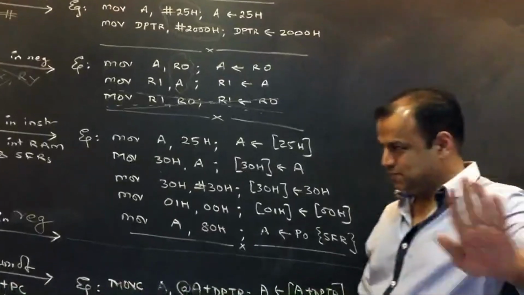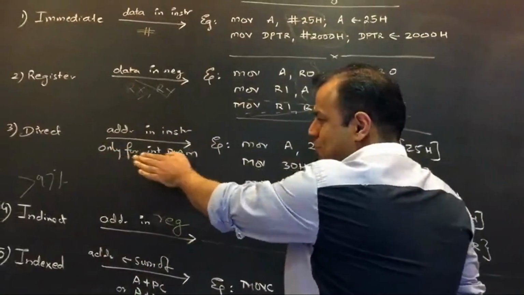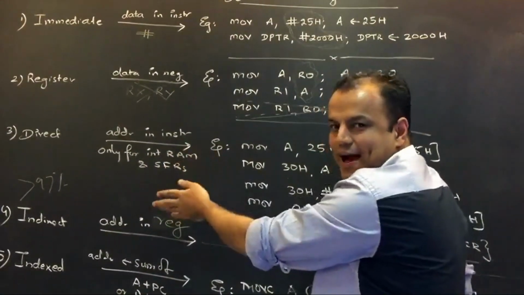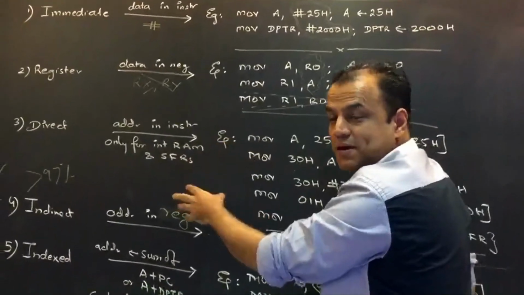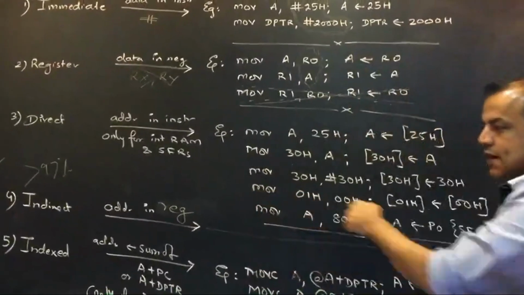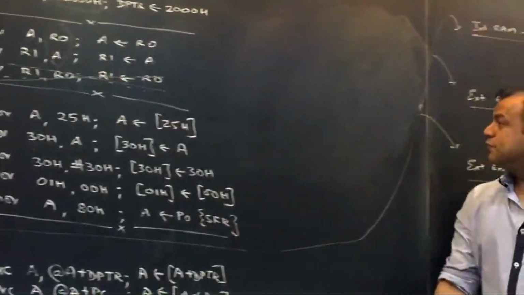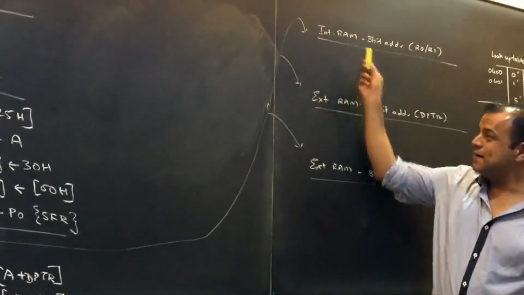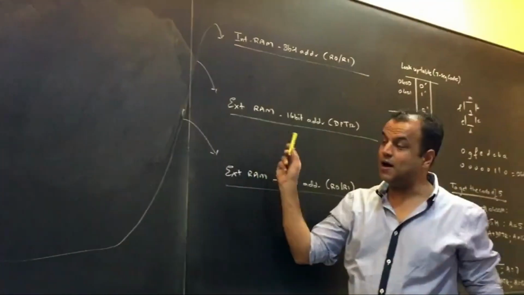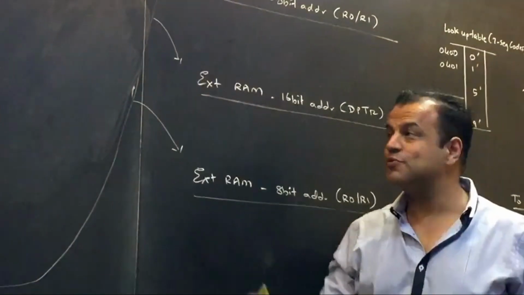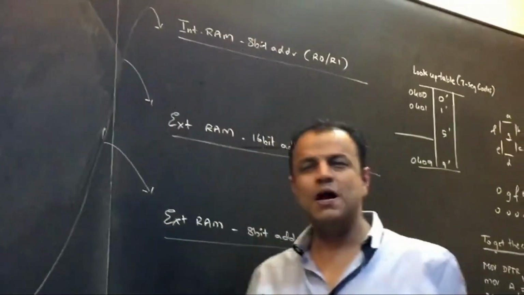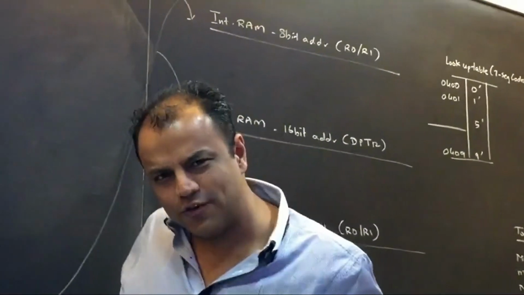Now, direct addressing mode was only for internal RAM. Yeah, and SFRs, but talking in terms of memories, it was only for internal RAM. Indirect addressing mode is for both internal RAM as well as external RAM. Again, only RAMs, nothing for ROMs. Internal RAM and external RAM. Why are they all so focused on RAMs?